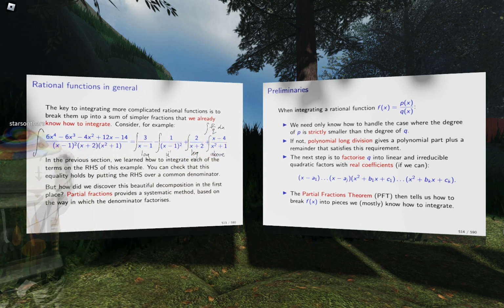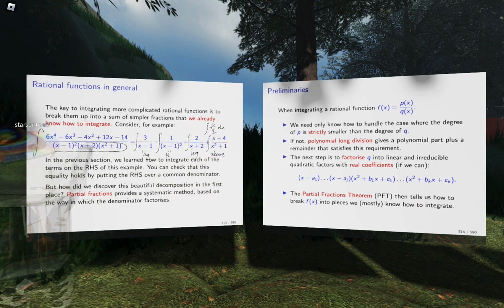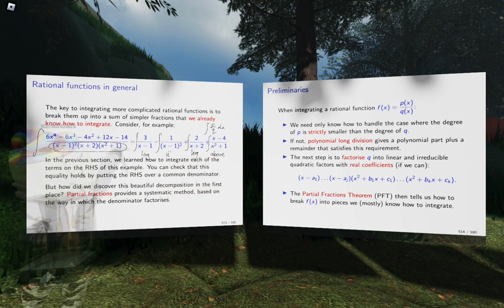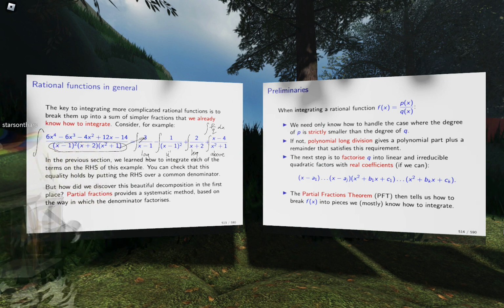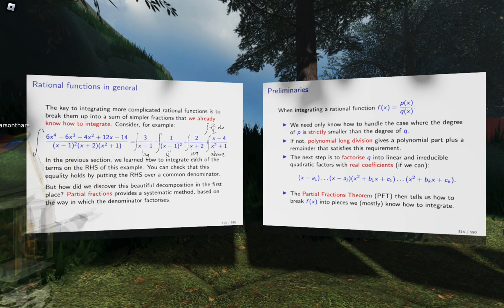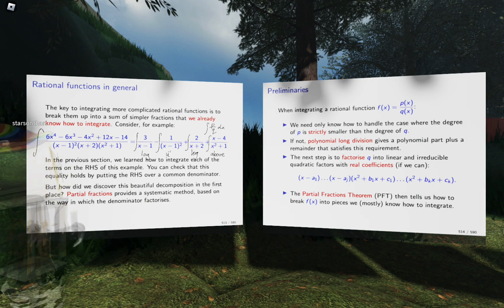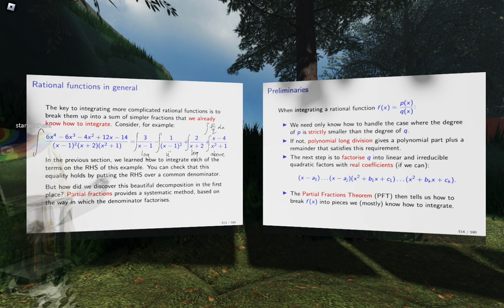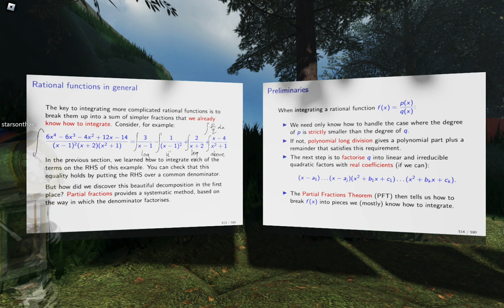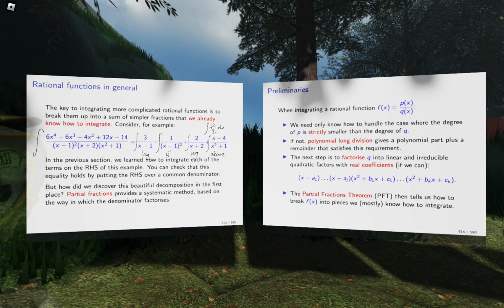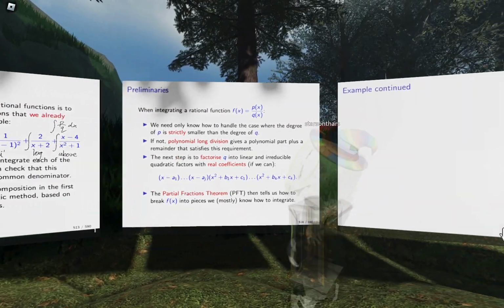You can just take this denominator, you can multiply it over to the right-hand side, and see that when you cancel out all the factors, you get the same thing. But that doesn't tell you how to come up with these expressions in the first place. All right, so that's the method of partial fractions that we're now going to develop. And we'll start it today, and we'll finish it next lecture.